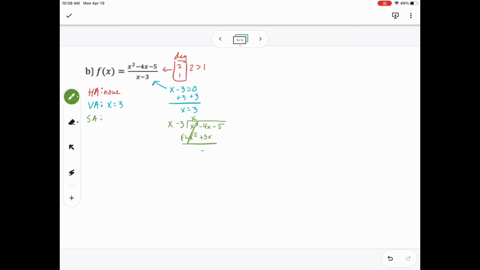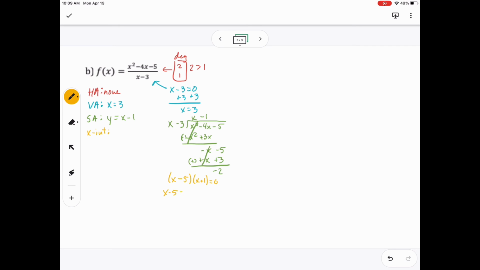It looks like I will get x minus 1 as a slant asymptote. So I'll write y equals x minus 1 there, and then I can look for my x-intercepts by setting the numerator equal to 0. I'll probably need to first factor it, so I'll get x minus 5 times x plus 1 and set that equal to 0.